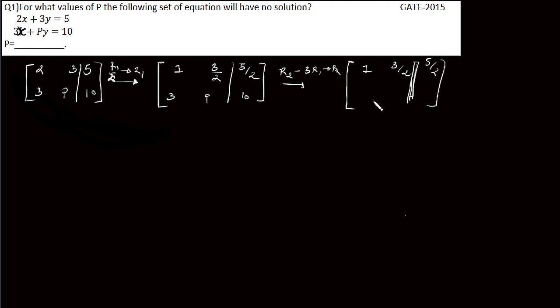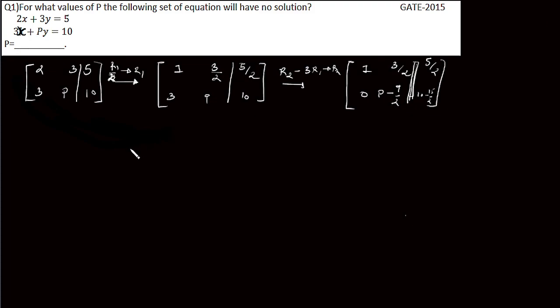5 by 2. Now here we got 0, because 3 minus 3 from the first row, we already have positive 3, so we get 0. Now here we get p, we have to multiply the first row with minus 3, so we are getting minus 9 by 2 here, and here we get 10 minus 15 by 2.